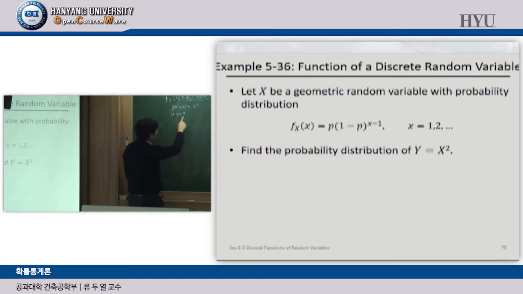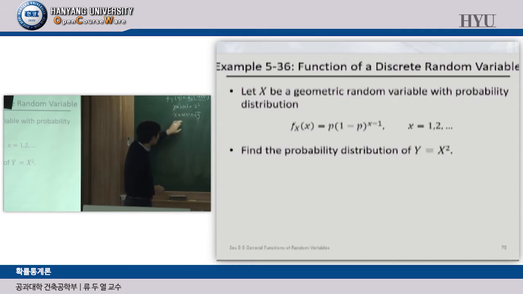In the previous slide, x was defined as u(y). So, x is equal to u(y). And that is equal to root y from the above equation. Because y is equal to x squared, so x is equal to root y. So, u(y) is equal to root y.